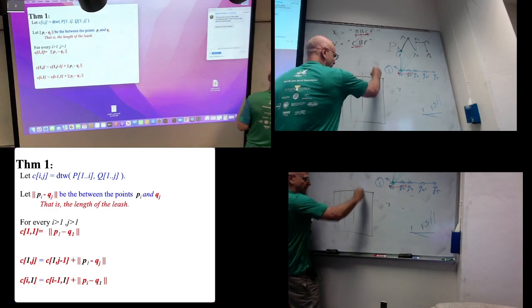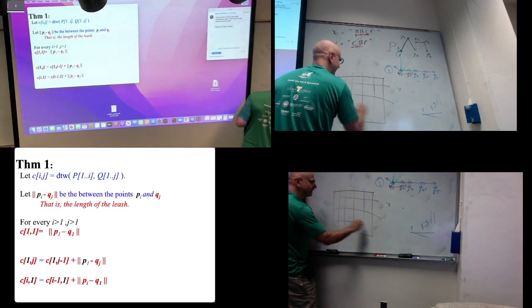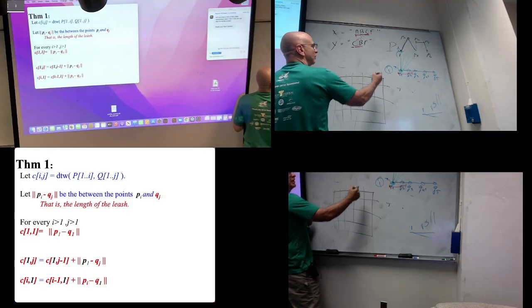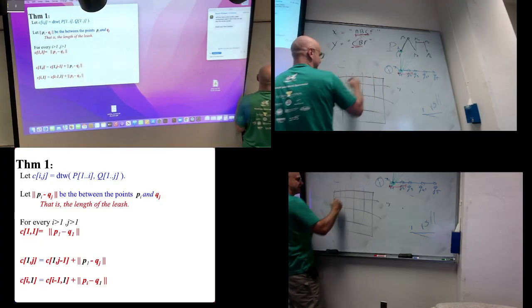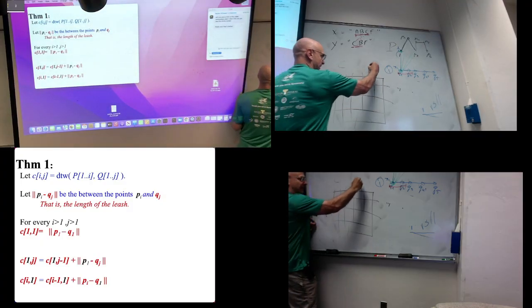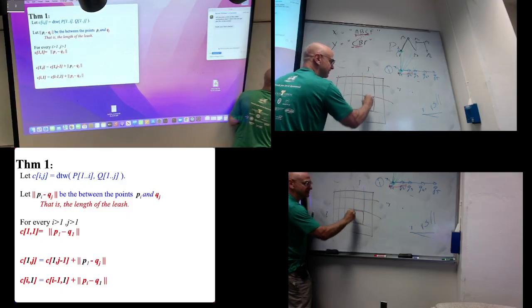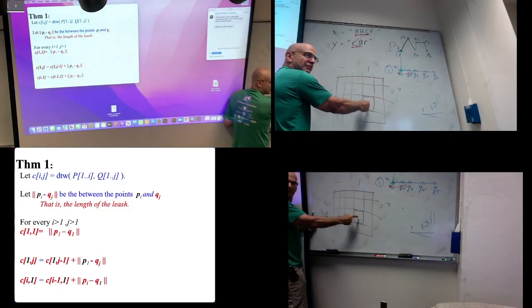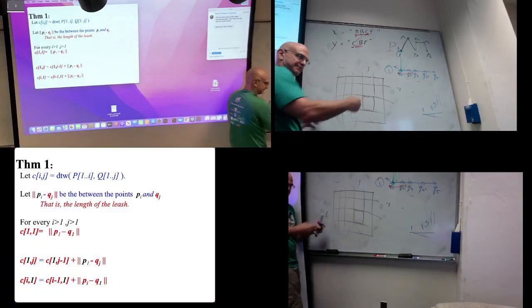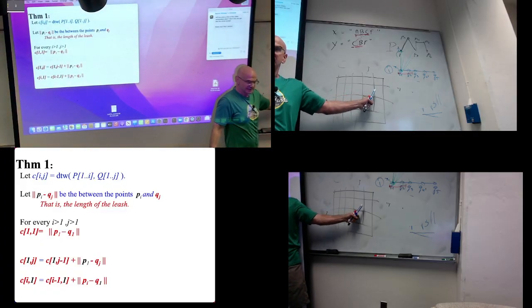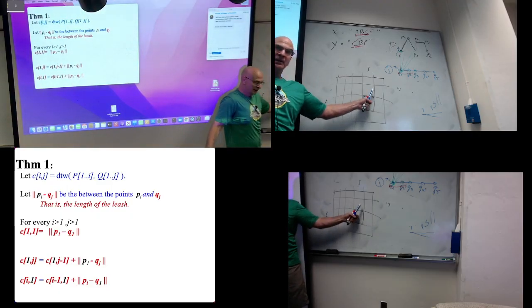I'm going to create a two-dimensional array C, where C[i][j] — when I'm done — will contain the best dynamic time warping between P1 till Pi and Q1 till Qj.